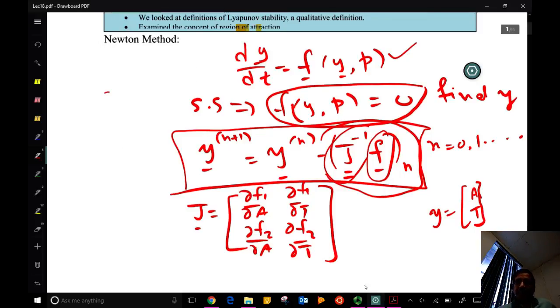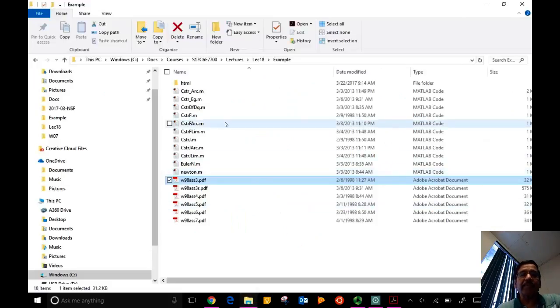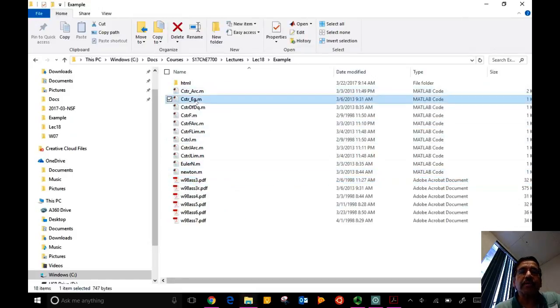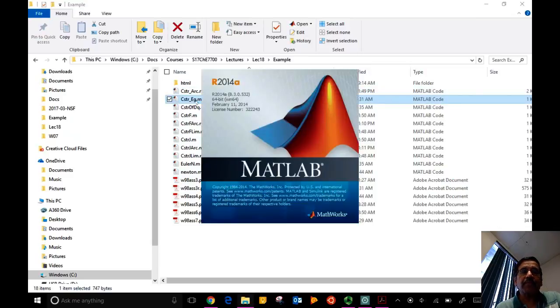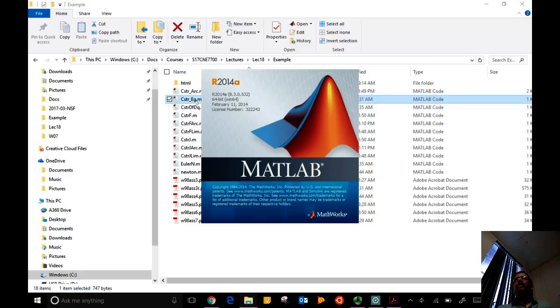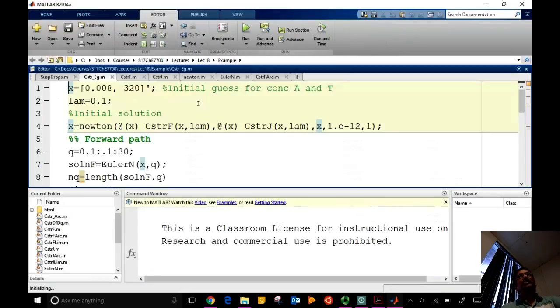Okay, so I'm going to switch back and forth. So let's switch to the MATLAB function that implements this. Let me start MATLAB. All the concepts that we talked about, I'm going to illustrate in the code, and I will upload all these codes so that they are extremely useful for you when you do another problem using all these ideas.